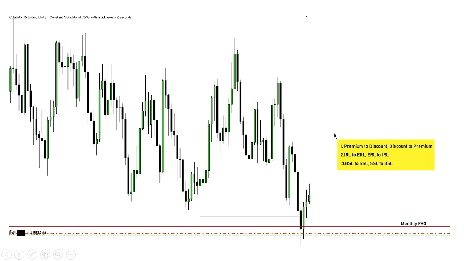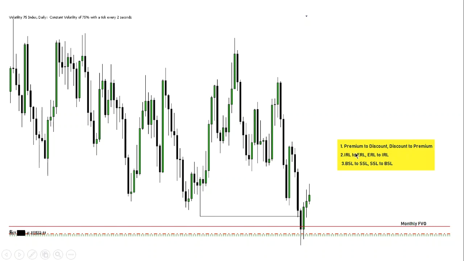Now, when you look at it officially using these three, this is how it is. Number one, premium to discount to premium. Where's your dealing range? You see a high, you see a low. If you take your fib from the high to the low, you want to see price going from discount into premium.